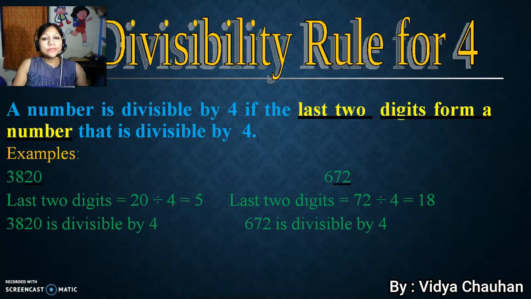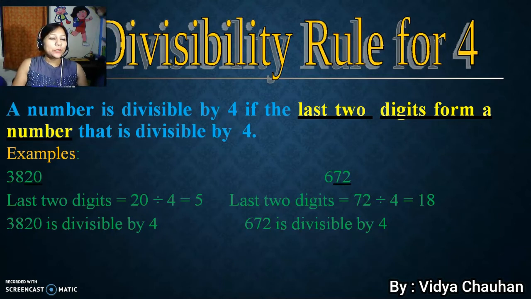A number is divisible by 4 if the last two digits form a number that is divisible by 4. So what we have to check is simply the last two digits of the number, that means the digits at unit place and tens place.